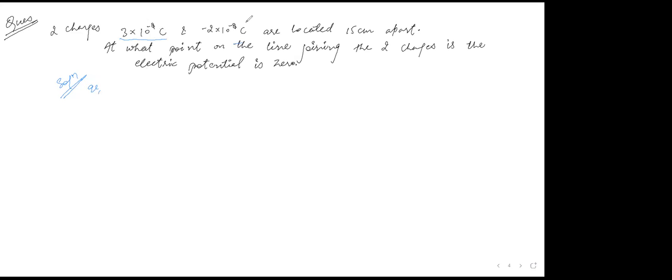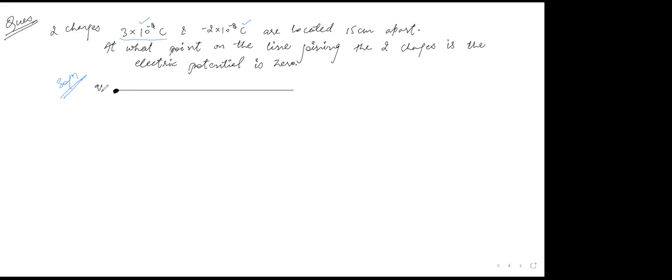Just 1 second. First of all, we are going to read this question carefully. Two charges. Okay. This is your first charge and this one is your second charge, are located at 15 centimeter apart. Okay. You can draw like this. This is your two charge. Okay. And both of the charges are at 15 centimeter, right? You can take here, this is your charge A, which is your Q1.